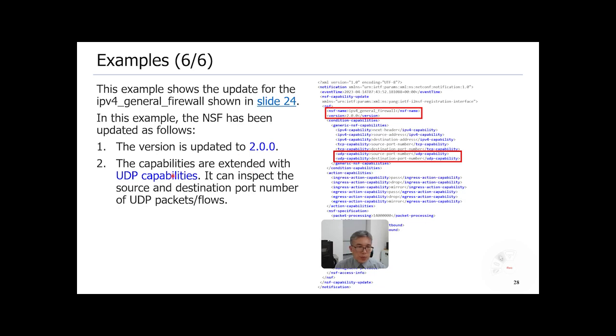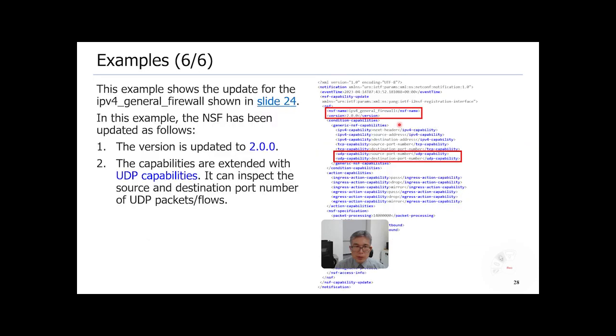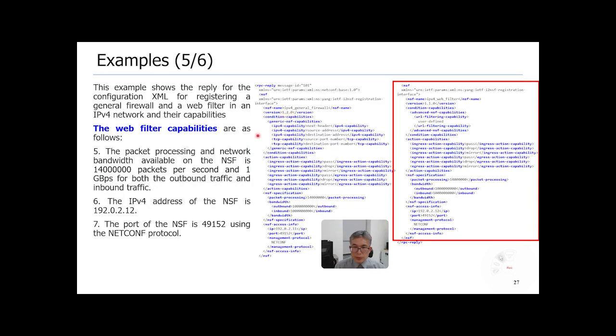Now we have the update. This is a notification, following the previous reply, and this is the update case. The general firewall version is different, right? You can see the version is different.